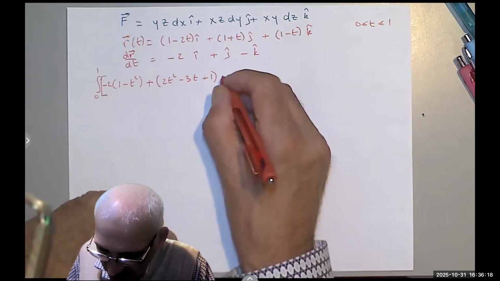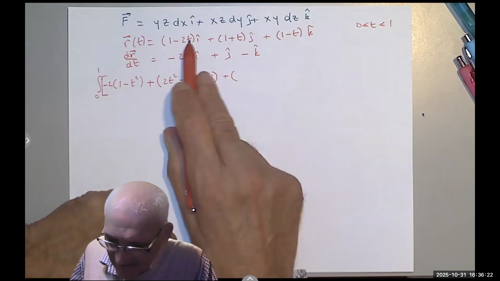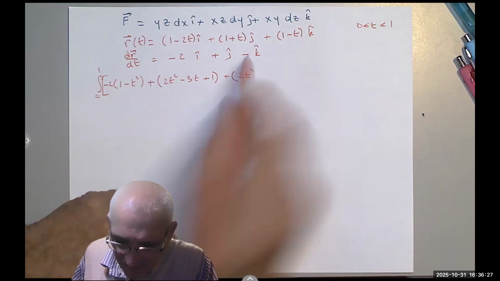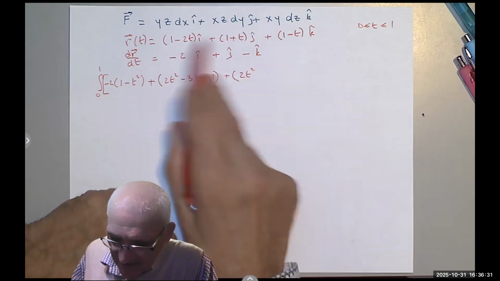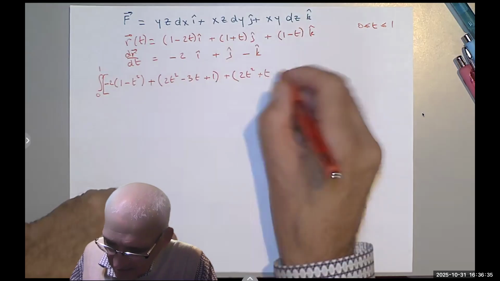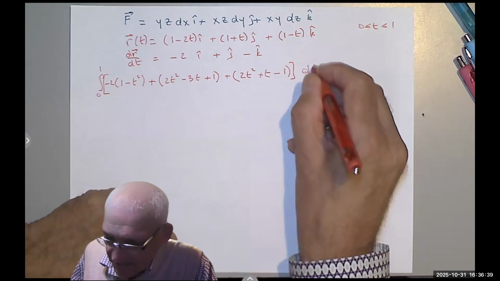So it's easy to say, well, x times y is negative 2t squared, but I'm going to write it as 2t squared because of the negative. And then I have negative 2t plus t is negative t, so plus t. And finally 1, I'm going to write it minus 1 dt.